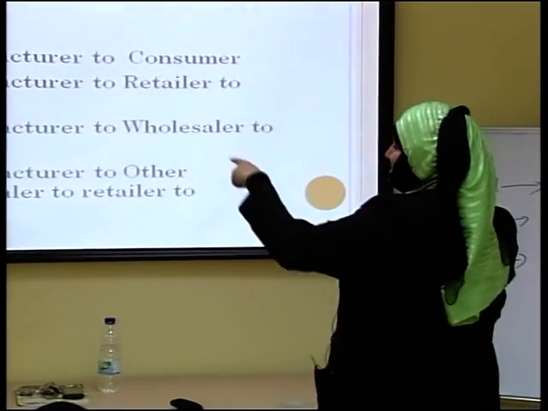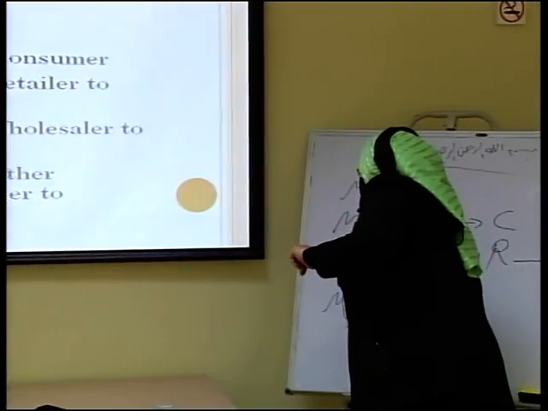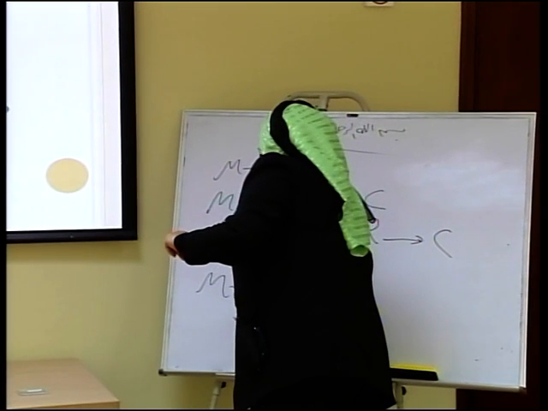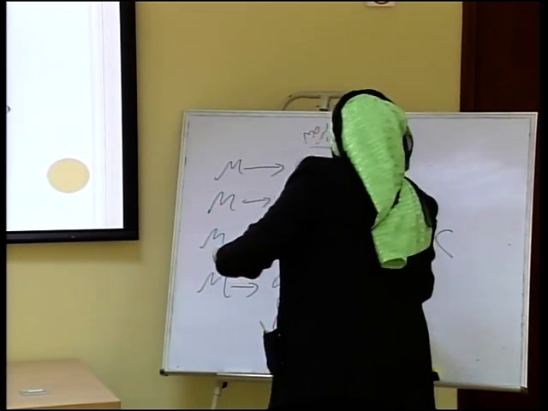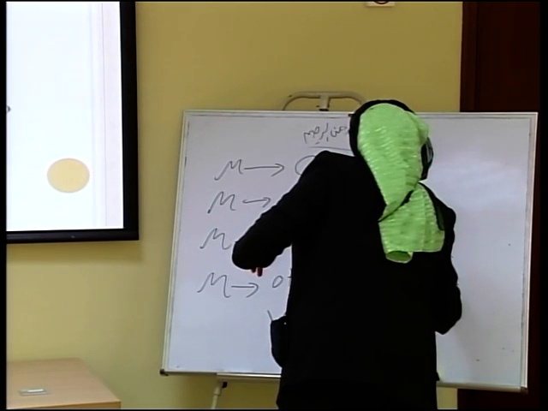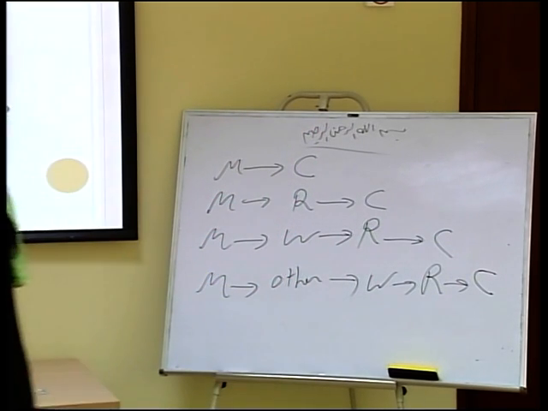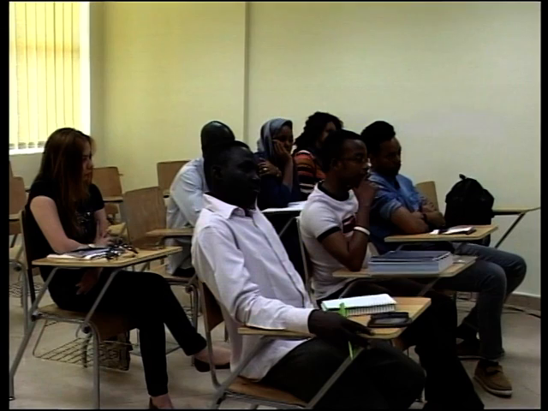Okay, all right. So channel number 4, and this is the longest one: manufacturer to other intermediary, to the wholesaler, to the retailer, and then to the final consumer. These are the 4 channels. The other intermediary might be an agent in another country.